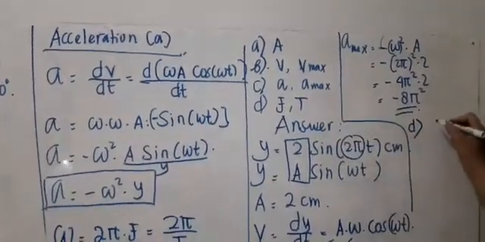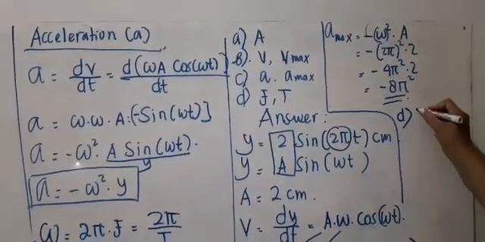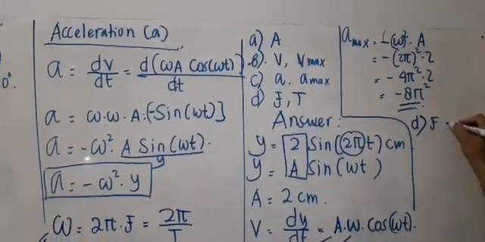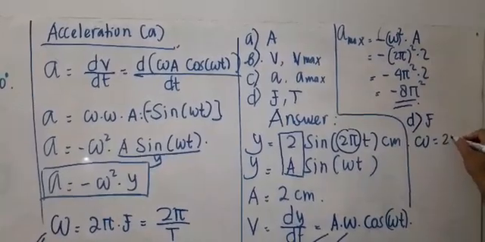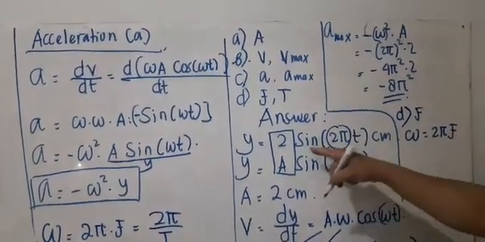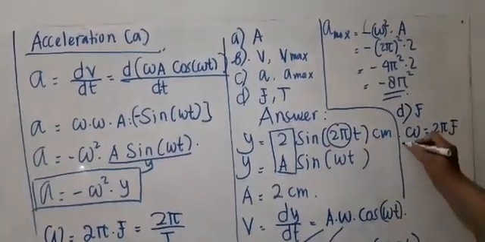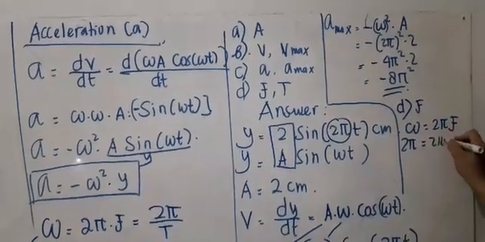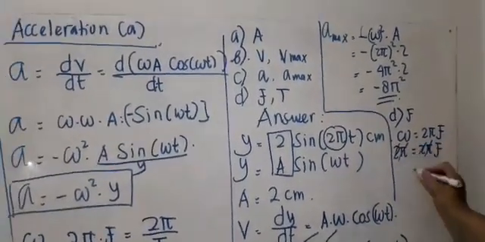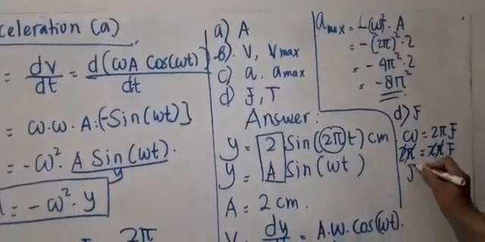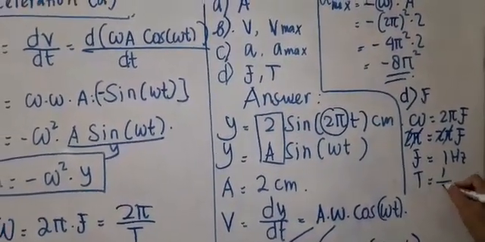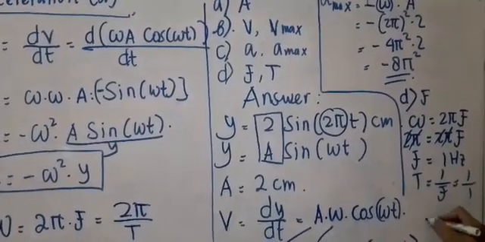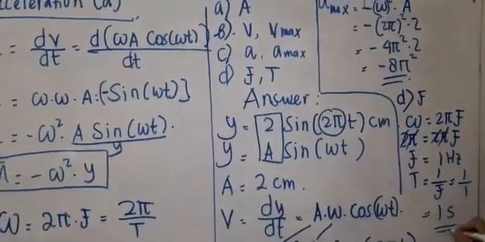The next is the frequency. Omega is 2 pi f. Omega in our question is 2 pi, equal to 2 pi f. We ignore this, so our frequency is equal to 1 hertz. And the period is 1 over f, 1 per 1, which is equal to 1 second.